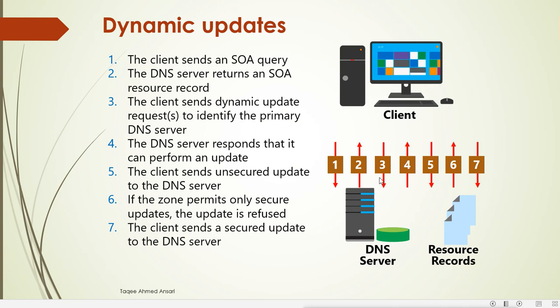The DNS server returns an SOA resource record about the DNS server which is the start of authority server. Then the client sends a dynamic update request to identify the primary DNS server for updating the record. Then the DNS server responds that it can confirm an update. Then the primary DNS server will do what?